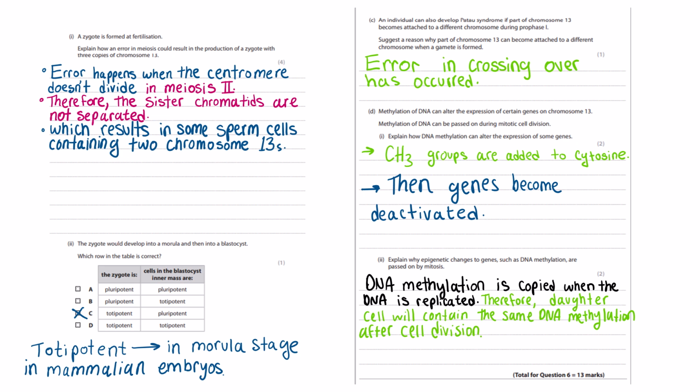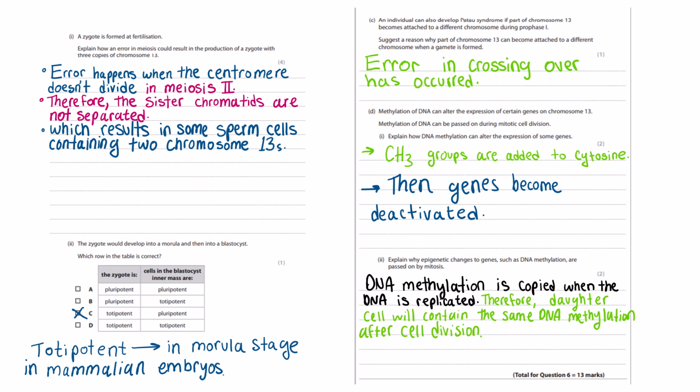Okay, so a zygote is formed at fertilization. Explain how an error in meiosis could result in the production of a zygote with 3 copies of chromosome 13. Well, number 1 is the error happens when the centromere does not divide in meiosis 2. Just stating that it happens in meiosis 2 is going to grant you 1 mark.